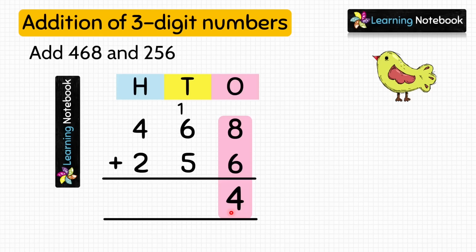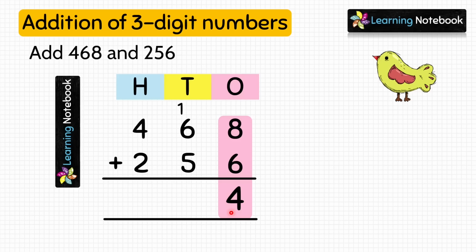That is why we carry 1 to the tens place. But students, in simple words, you can remember that if you get a two-digit number after adding, then you have to carry as we did here.